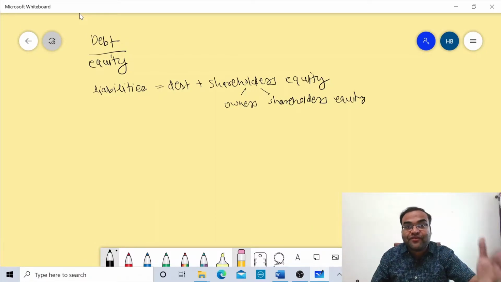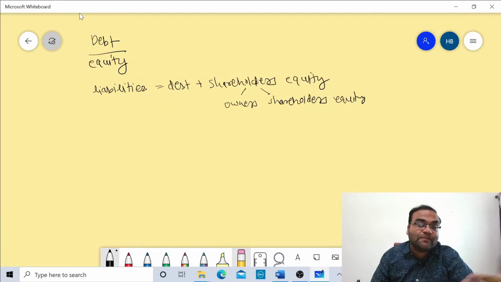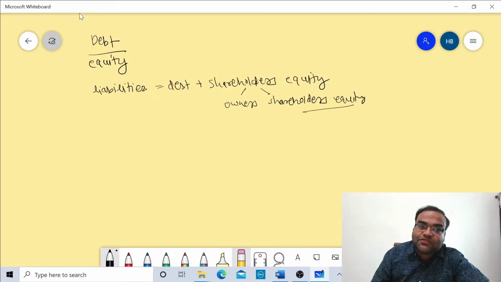Whenever people like you and me buy the shares of the company, we are investing our money into the company. So we are the shareholders of the company. The money coming from shareholders is known as shareholders equity. So liabilities is equal to debt plus shareholders equity.